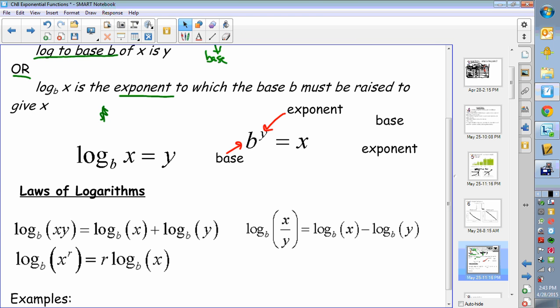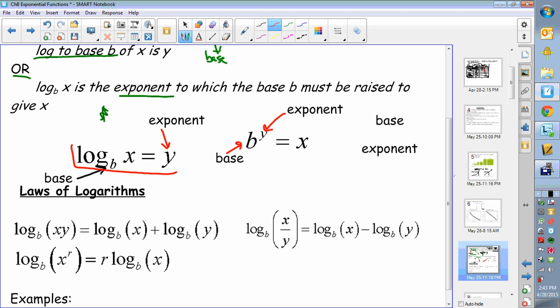And look what happens when you write it in logarithmic form. The base is still b, and now the exponent is the y that's out here. Okay, so when you want to change this function into that function, this is how they move around.